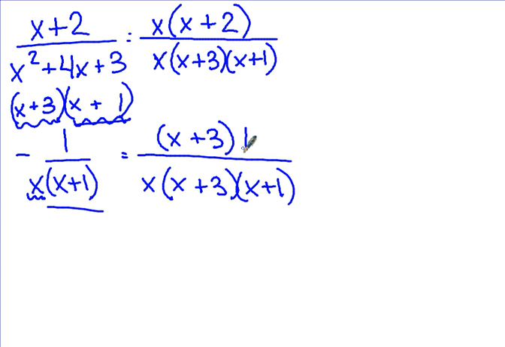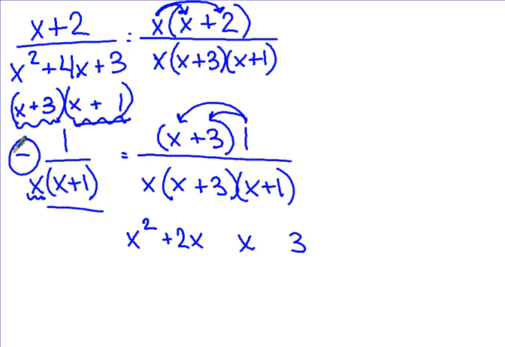Okay. Now we're going to distribute. All right, so we have x times x, which gives me x squared. x times 2, which gives me 2x. 1 times x, which gives me x. And 1 times 3, which gives me 3. Now, notice that this is a minus sign, so both of these are going to be subtracted. All right, then we can combine like terms.